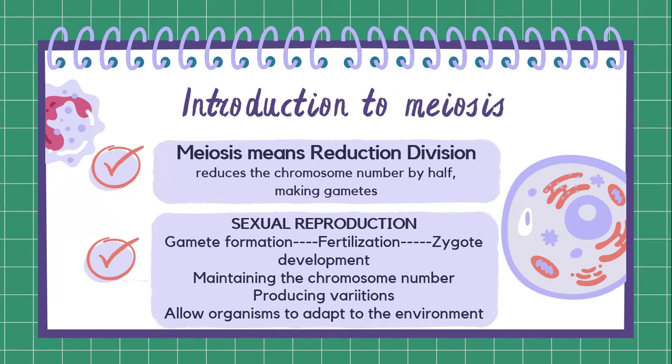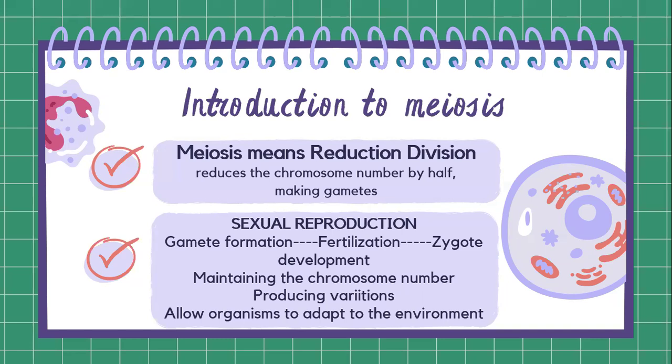It is interesting that it is not reduced by just any amount, but exactly half. For example, if a human being has 46 chromosomes, then half of it is 23, right? So meiosis will produce gametes, and gametes have half the number of chromosomes as that present in the original diploid cells.